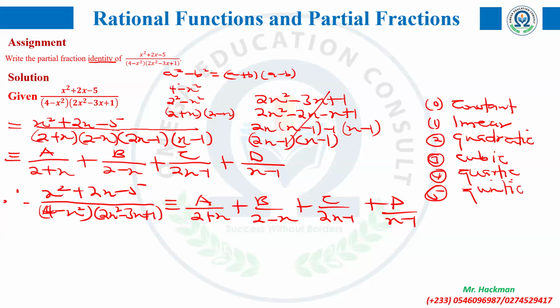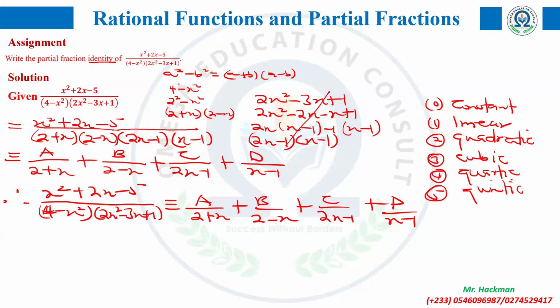Once it gives you 4 non-factorable linear denominators, it means you have 4 partial fractions, one for each denominator factor. So ordinarily, your denominator will be 2 plus x for the first, plus 2 minus x, then plus 2x minus 1, then plus x minus 1.